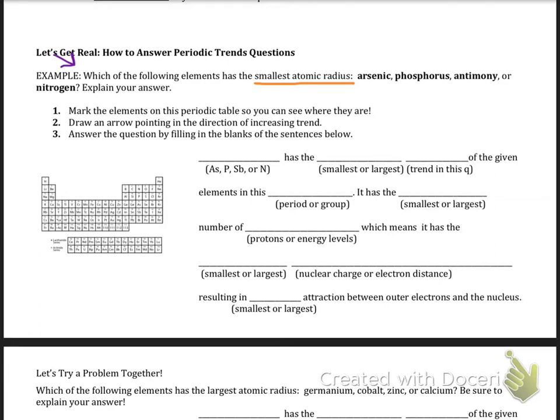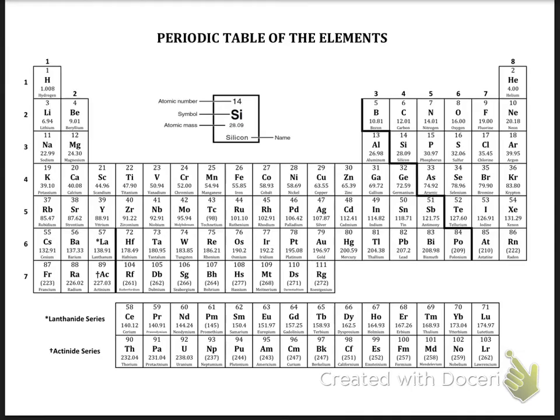There are 3 steps you should do before answering the question. So we are going to find these elements on the periodic table. I would use a larger periodic table and then find them on this tiny one. But basically, these elements are going to be either in the same row or the same column. So we notice here that nitrogen, phosphorus, and antimony are sitting right here on your periodic table.